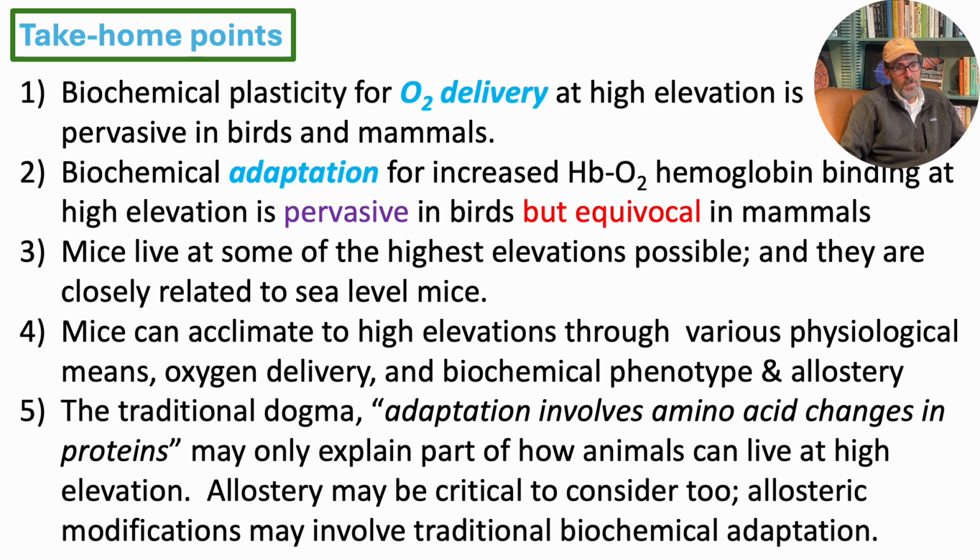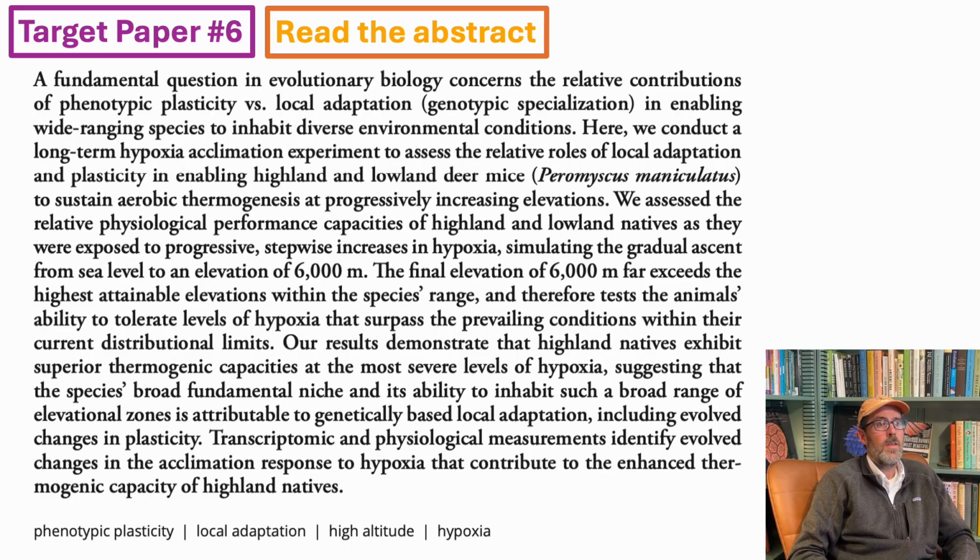So it's just that the candidate gene that we looked at, hemoglobin, at least in these deer mice, wasn't that different. It really wasn't that different, or not as different as I expected it to be between high and low elevation mice. But if you change the blood pH, it is different.